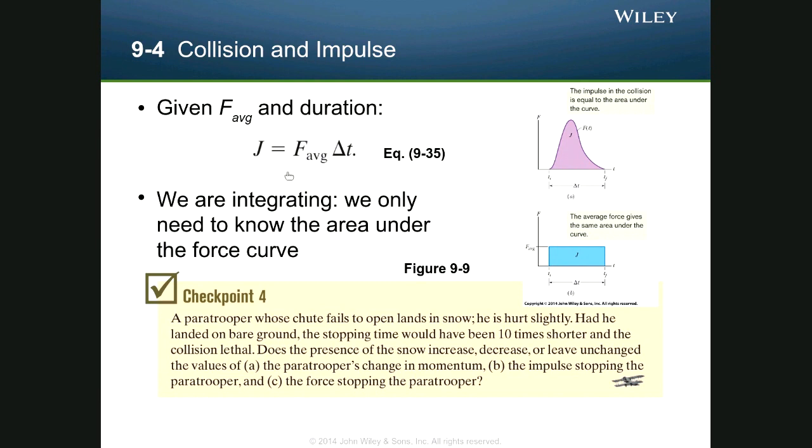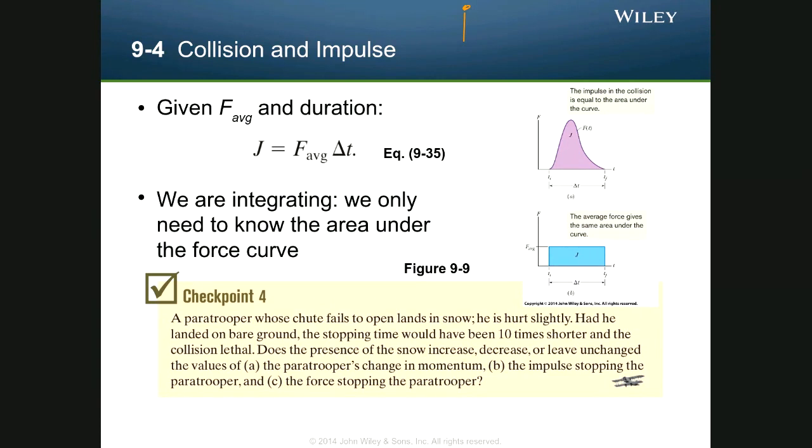we'll have effectively the same impulse. Now, what we saw with our checkpoint, we're not going to do it again, but it's worth reviewing. We talked about someone falling, whether they fall on snow or the ground from an airplane. The ground becomes our period of interest.